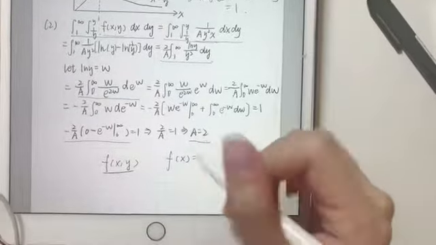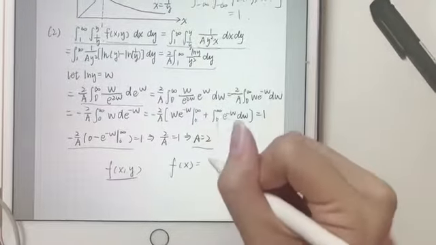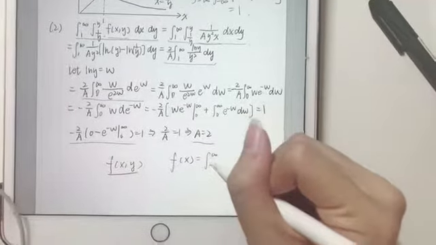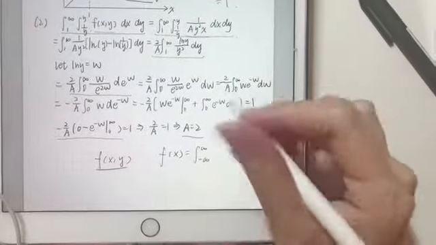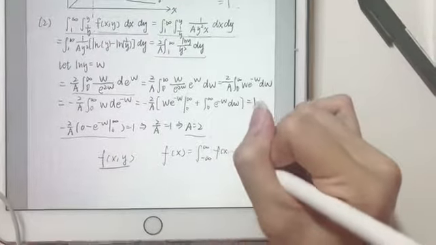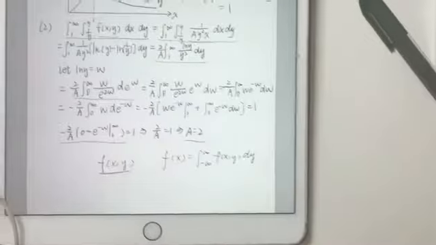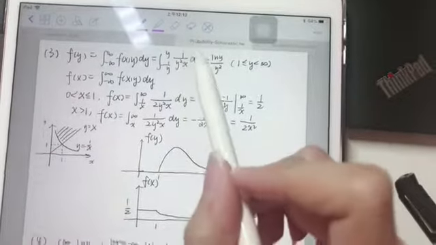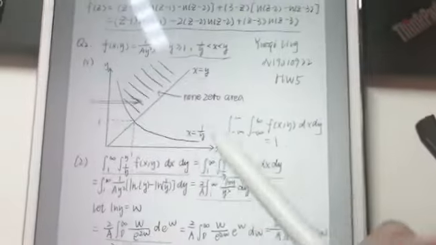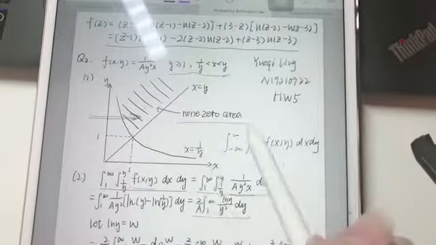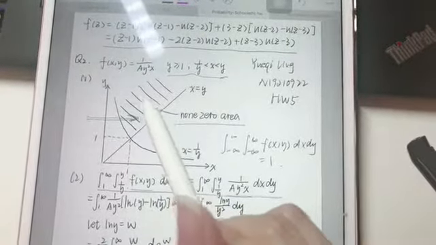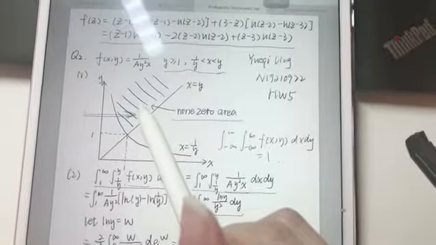By the definition, f_X equals the integral from minus infinity to infinity of f(x,y) dy. Because in this question the non-zero area is this, all the integral will be done in this area.